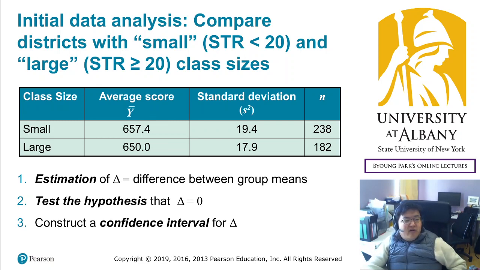And then for each group, you can calculate the average score. The small group has 657 points on average, and the large group has 650, about a 7.4 difference. The standard deviations are also different, and the sample sizes are different.